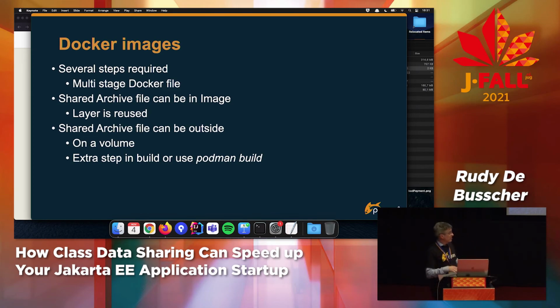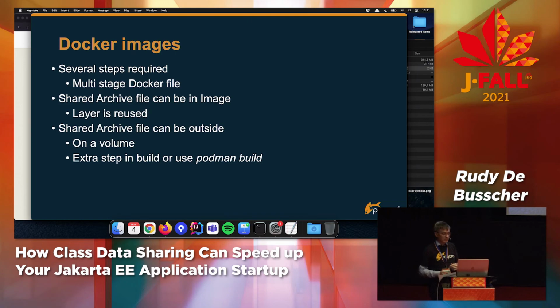You see there are several steps, especially with OpenJDK 11. But if you are using a Docker file, then you can, of course, use a multi-stage Docker file, and then you can do it all in one go. You don't need to type everything in. You can even decide, for instance, to create a shared archive file inside that image, as a layer, so that you put your JVM and your Payara Micro, for instance, in that archive file, but not your application.